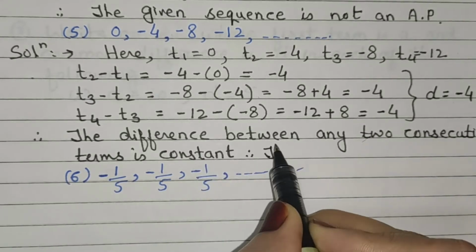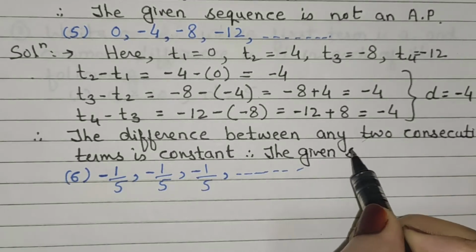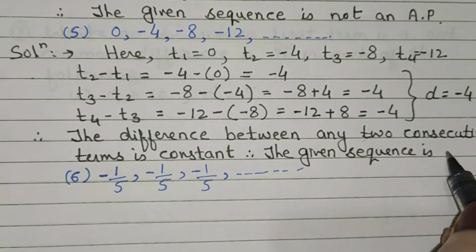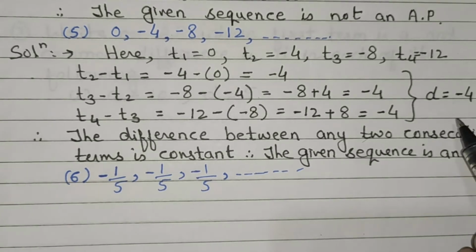Therefore, the given sequence is an AP, and the value of common difference D is equal to -4.